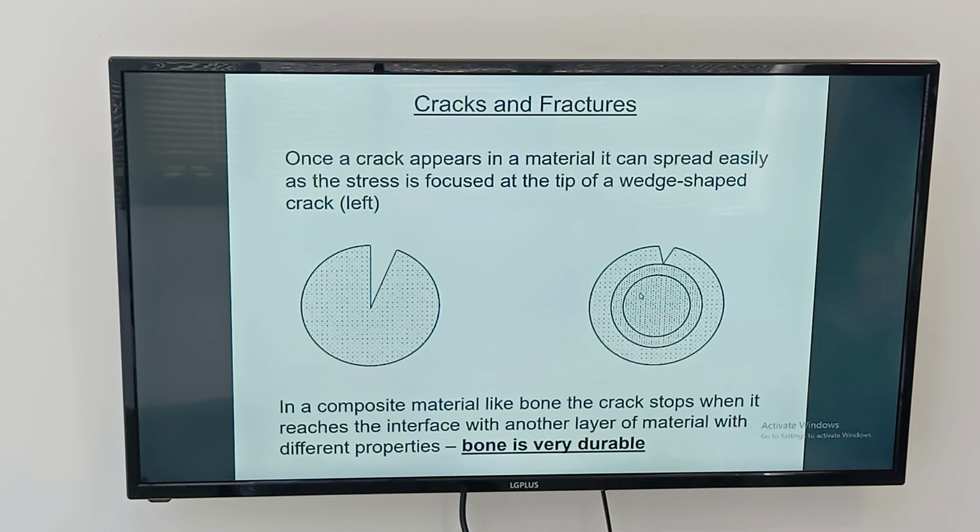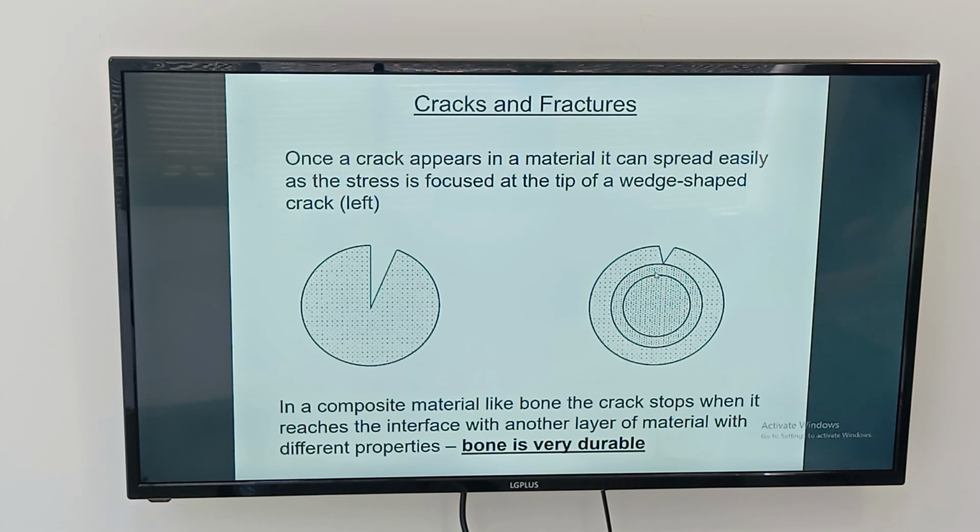the various layers of the bone and the matrix that it is embedded in will help the crack stop once it reaches another layer of material. However, let's say this is the outside of the bone and the force applied broke the first layer, like it couldn't withstand the force.